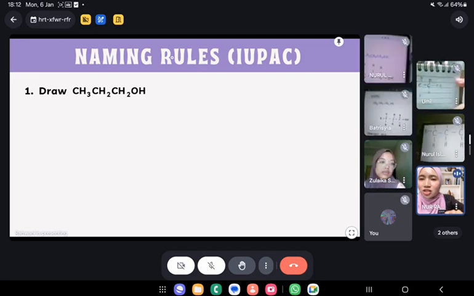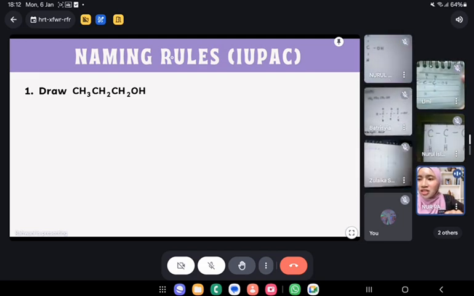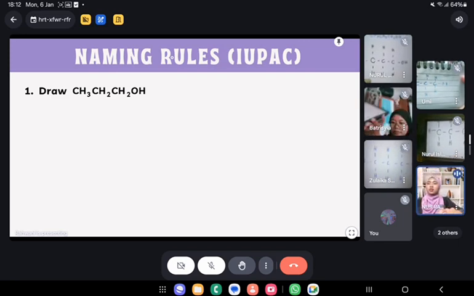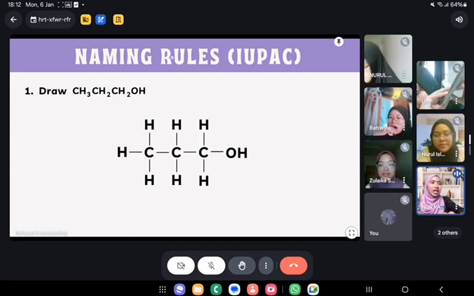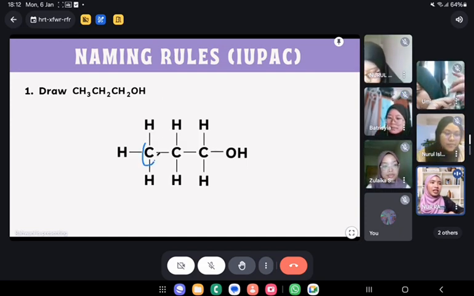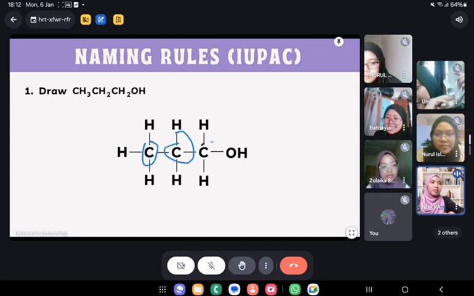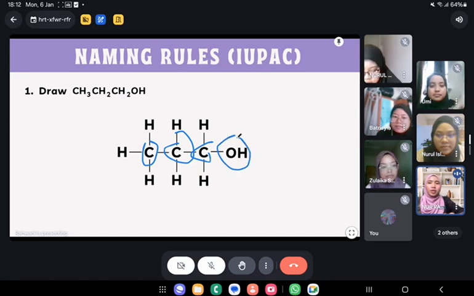Alright, I can see Islamiza's answer, Nur Batrisha, Nur Ain Balkis, Nur Hazira, Umi Humara, and Zulaika Sofia. Alright, thank you everyone. The structures that you have drawn are correct. We have 3 carbon atoms, and we have the hydroxyl group.